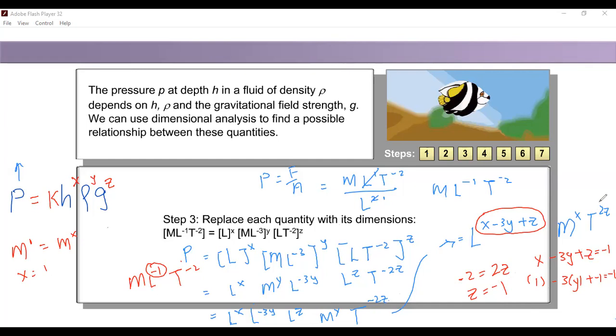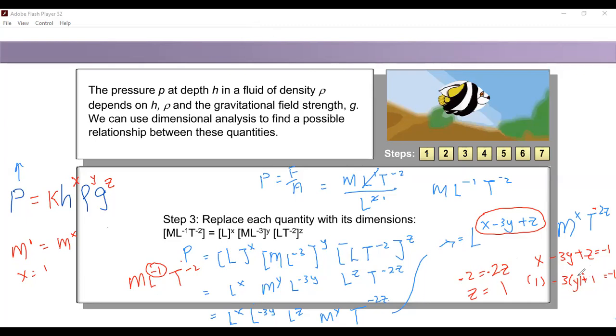I missed a negative here. So negative 2Z at the end, negative 2 is equal to negative 2Z. So Z is equal to 1. Z is equal to 1. So that means that here will be plus 1.